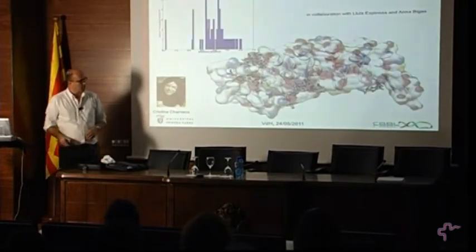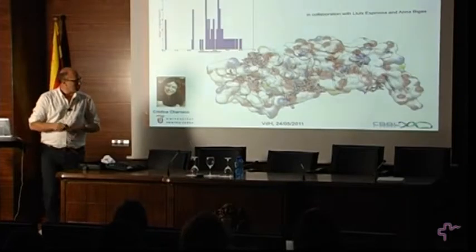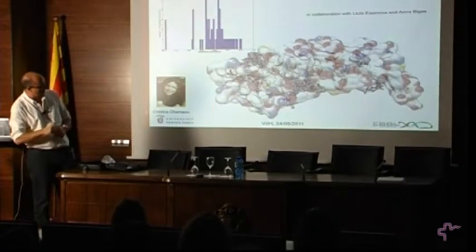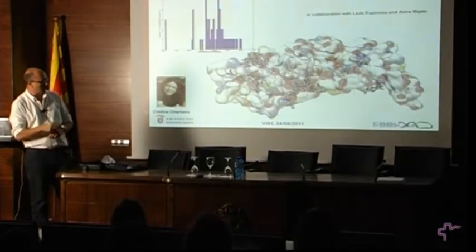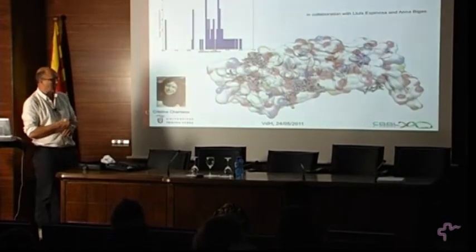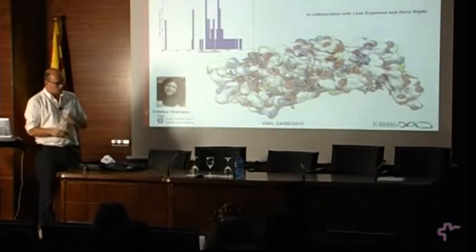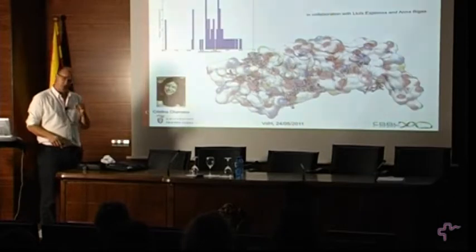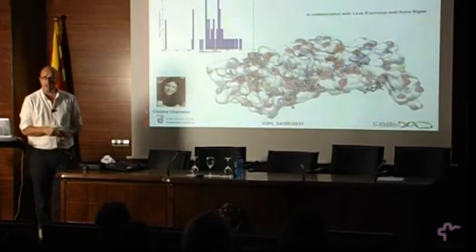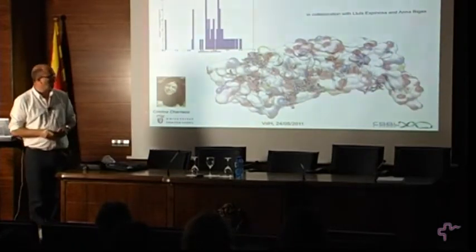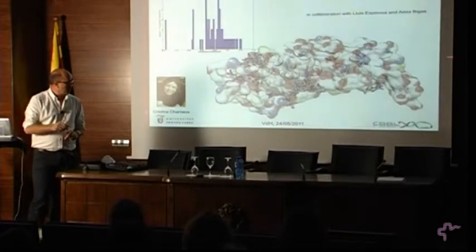In another example, you will allow me not to explain too much, but this is a molecule that is quite well known. This is IκB alpha, a molecule that participates in the NF-κB pathway.